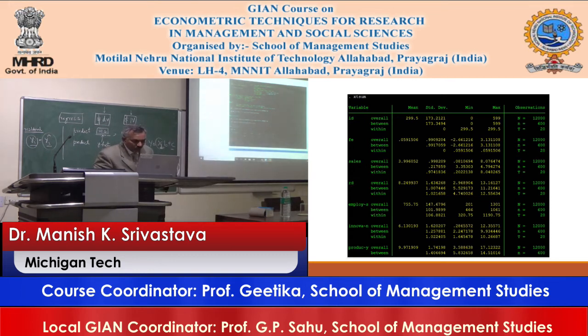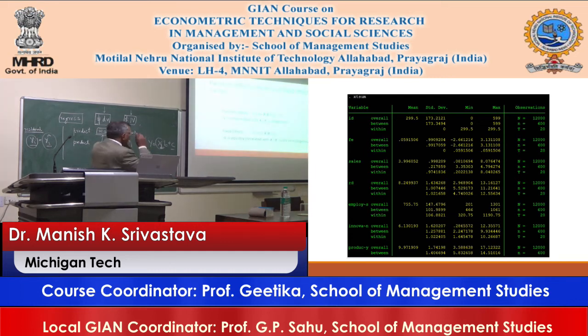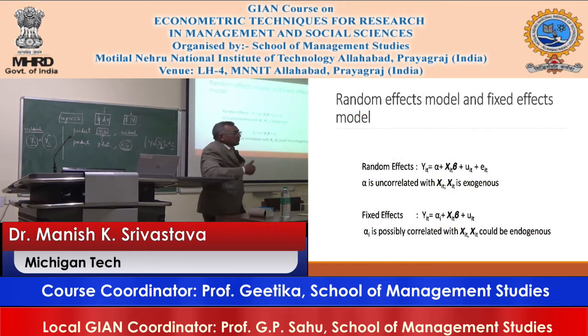So now we are looking at a panel data set here. There are two kinds of model we can fit, depending on which assumptions are valid. The two types of models that we can fit here are what we call a random effect model or a fixed effect model.